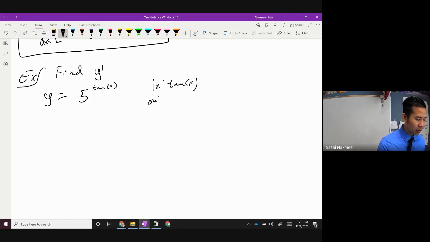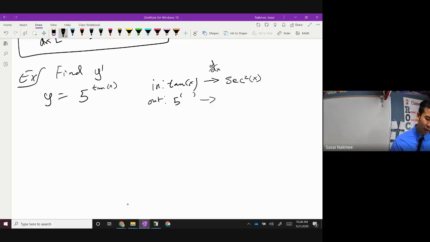The outside function is 5 to the stuff. So let's take the derivative of this with respect to x. What's the derivative of tangent? Derivative of tangent is, I hope you guys know, secant squared x. What's the derivative of 5 to the stuff? It's 5 to the stuff times the natural log of 5.